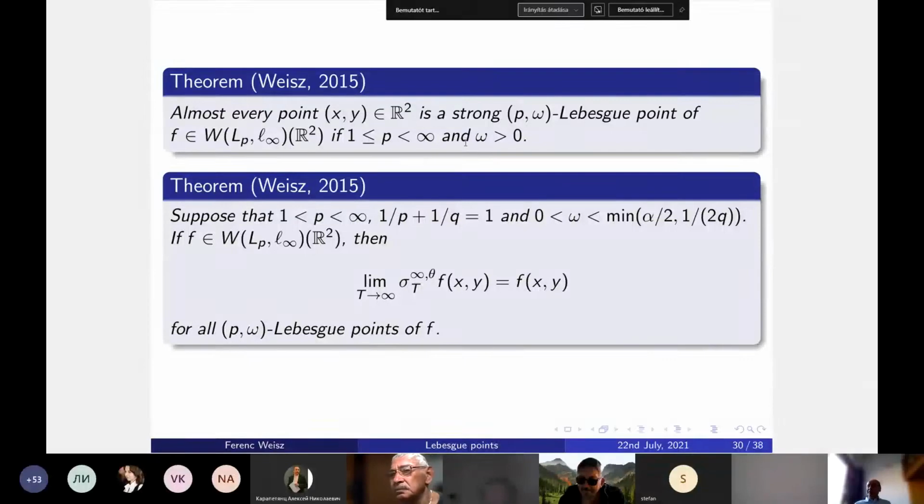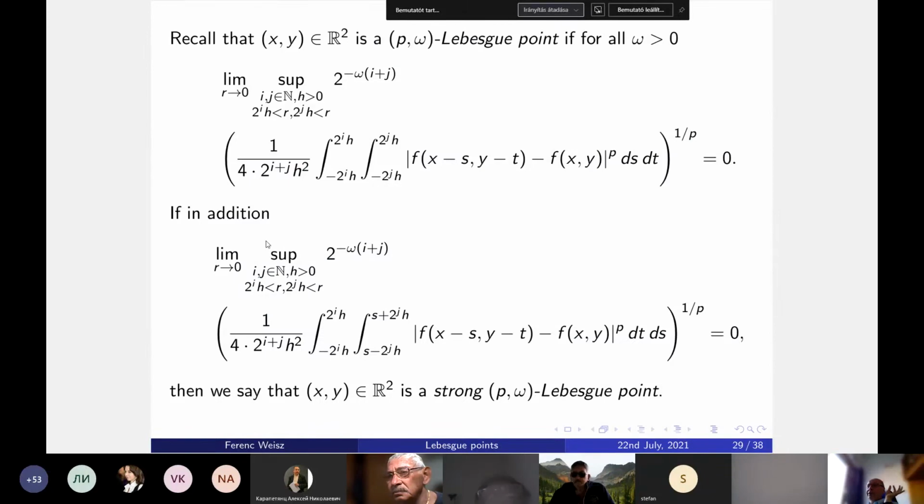Almost every point is a strong p-Lebesgue point if f is from the Wiener amalgam space W(L_p, l_infinity), p greater than or equal to 1. If p is greater than 1, then in this theorem I don't use this second condition. I use also the first condition, so the p-omega Lebesgue points.